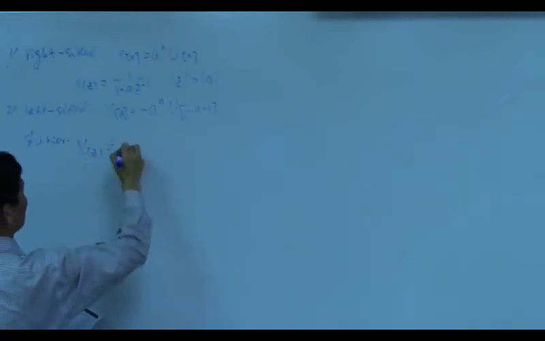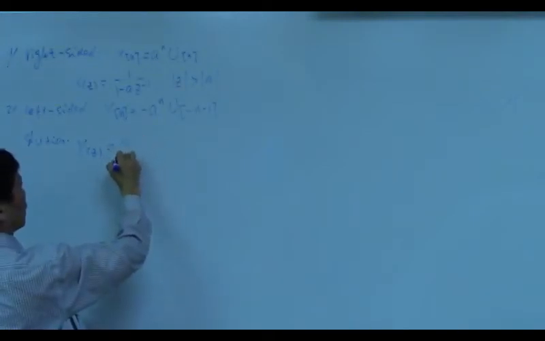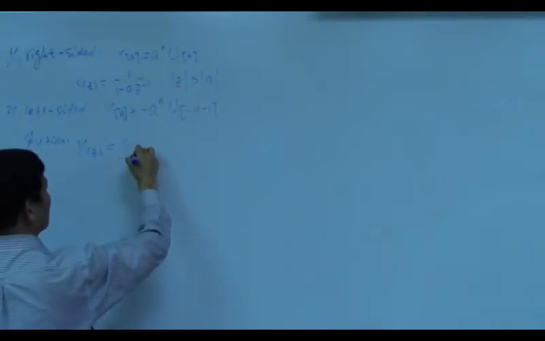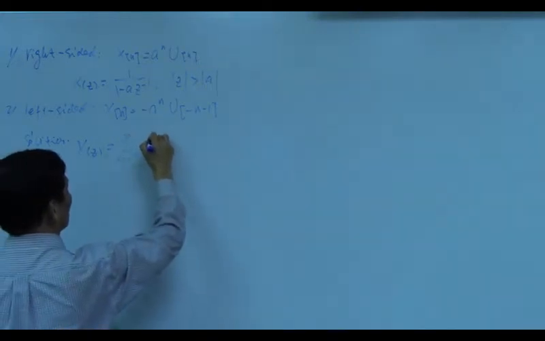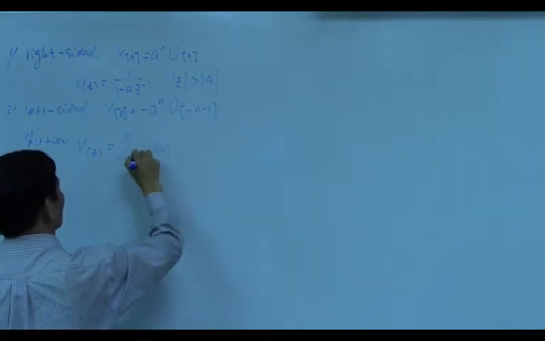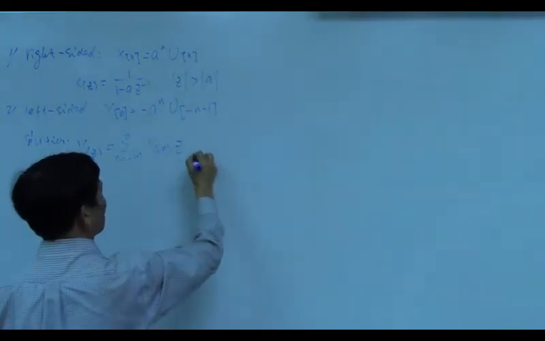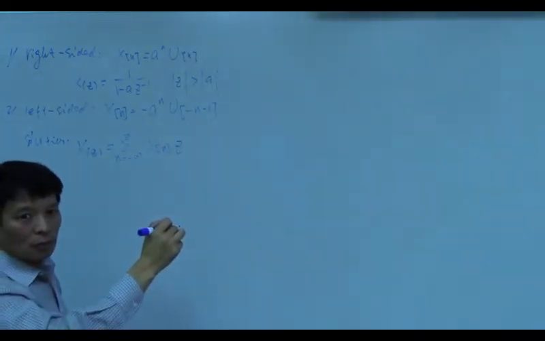We know the definition, right? So solution: X(z), by definition, the sum k equals negative infinity to positive infinity, x[n] and z to the what?